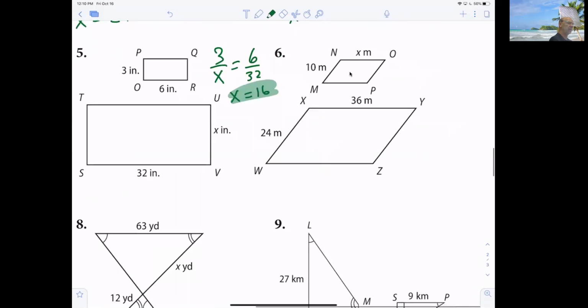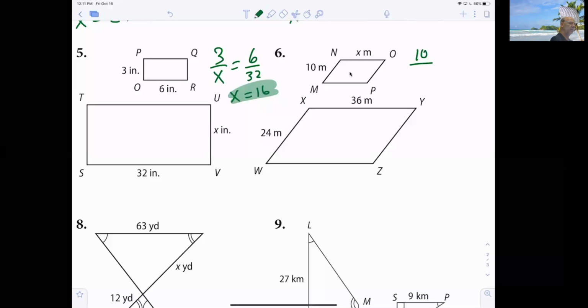All right, number 6. Come on, Avery. 10 over what? Good. You are amazing.